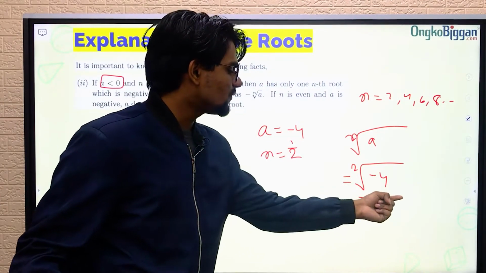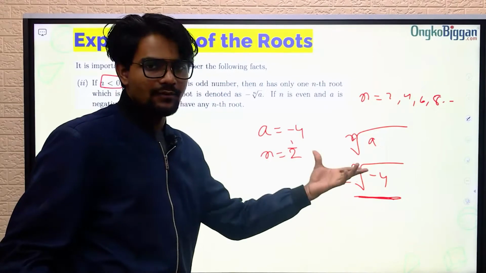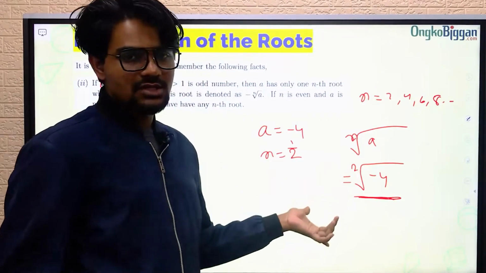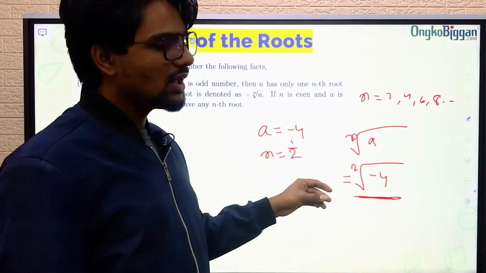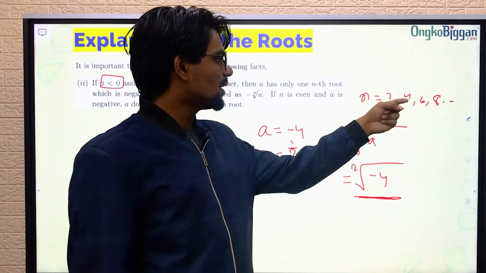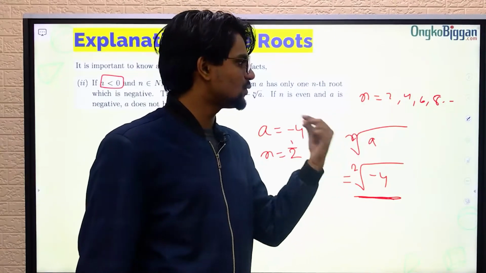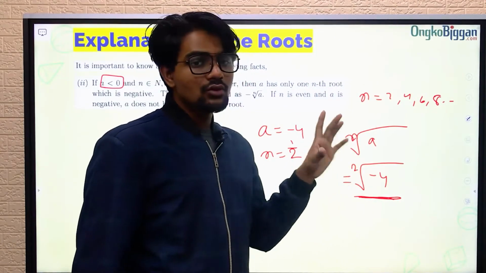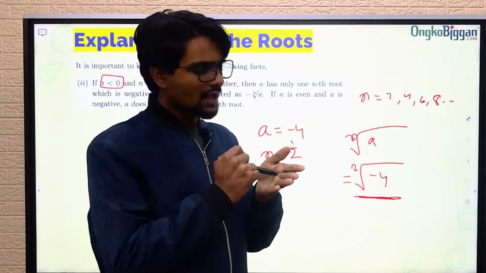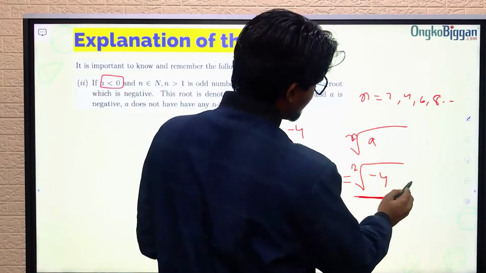There will be no actual value of this expression, because in the case of a square root, fourth root, sixth root or eighth root, there can be no negative value inside the root symbol.